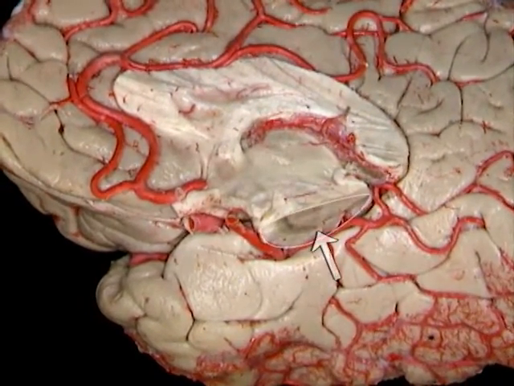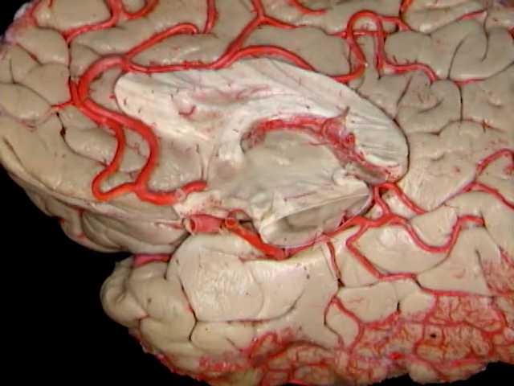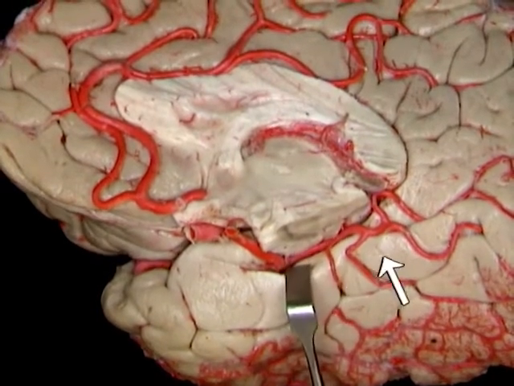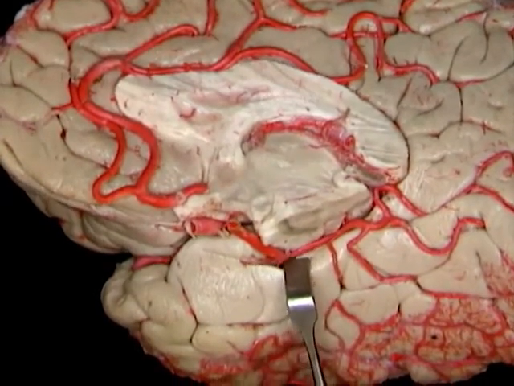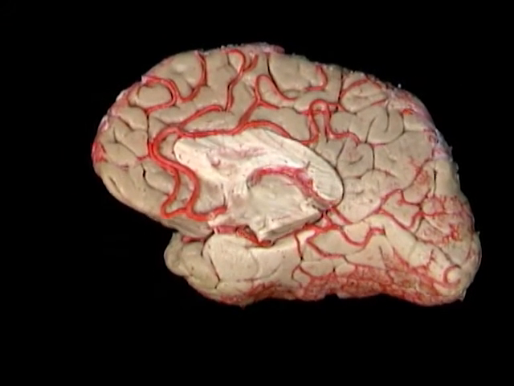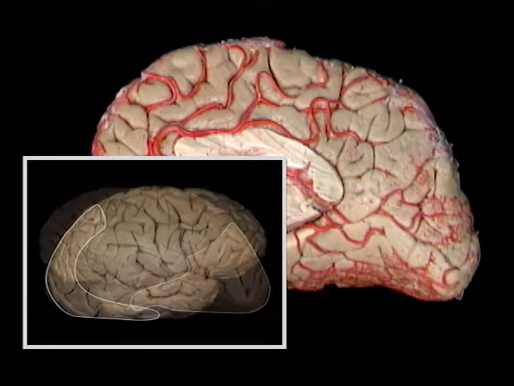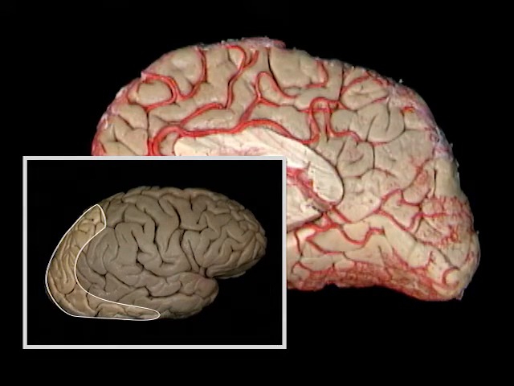It winds around between the cerebral peduncle, which has been divided here, and the most medial part of the temporal lobe. The posterior cerebral artery gives off branches which supply this area on the medial aspect and underside of the hemisphere, and this area on the lateral aspect.